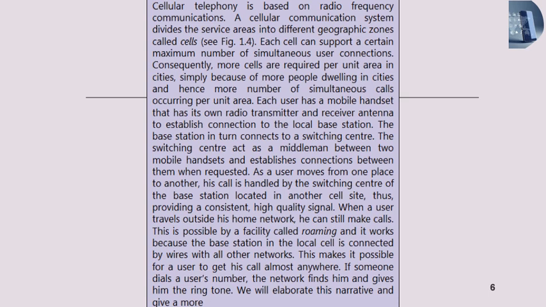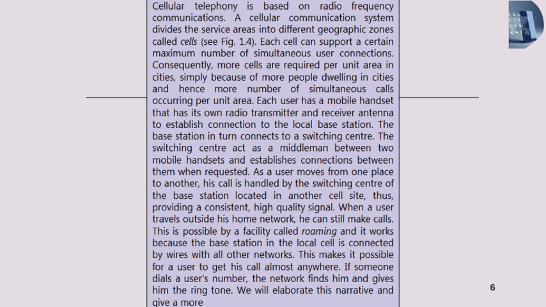And the cellular communication system divides the service area into geographical zones called cells, which we will discuss later. The figure number is specified there, anyway, we will discuss it later. Each cell can support a certain maximum number of simultaneous user connections. Consequently, more cells are required per unit area in cities because the number of mobile phone users will be high when compared with a village.